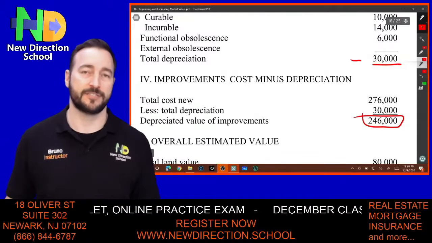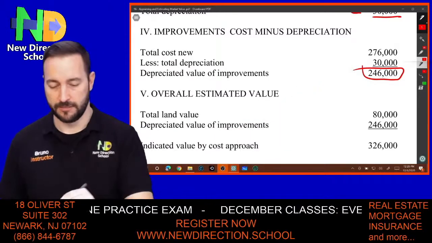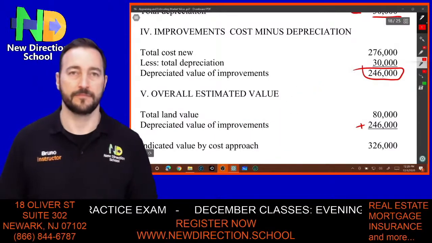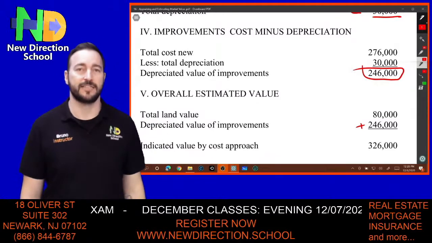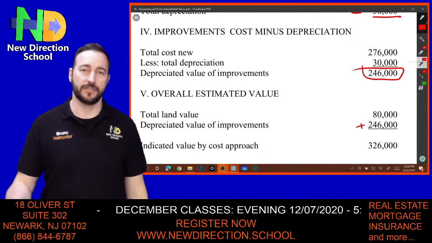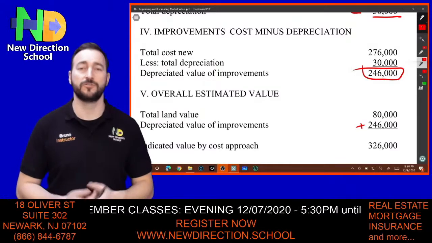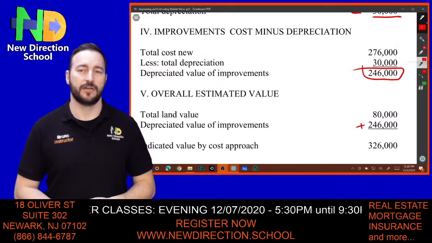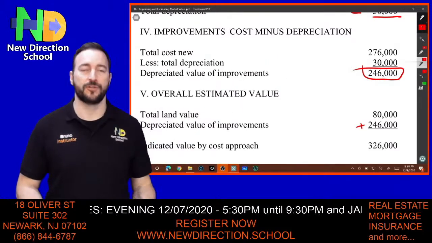And the final step, step number 5, is you add this value to the land. It's as simple as this, I'm telling you. They'll tell you $80,000 is the land value. The building is worth 276, I'm sorry, the construction cost, with a depreciated value of $30,000.